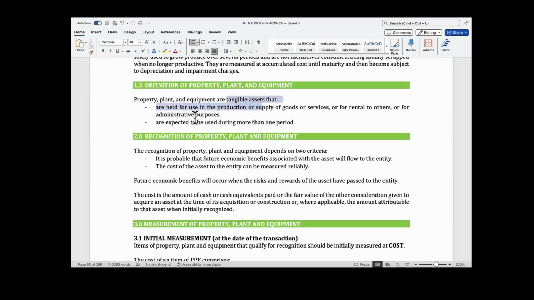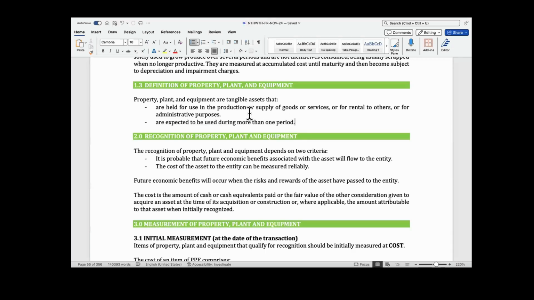It is held for administrative purposes. And most of these staplers, you can use for many years. You just keep changing the pin. They will not spoil. You use it for many years. So truth be told, it meets this definition. But the challenge is this.